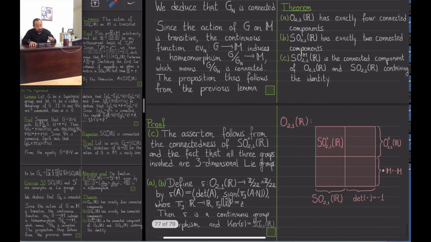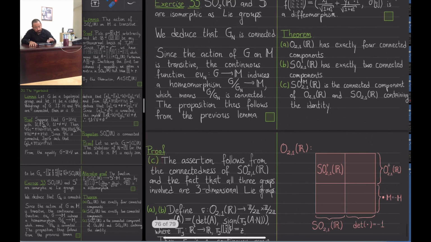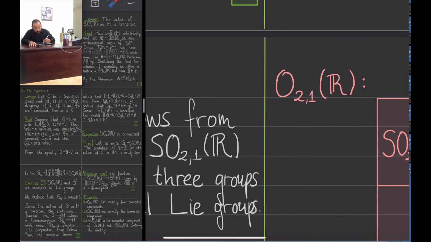Now, this alternative proof is useful because since we have a diffeomorphism between this one and a three-dimensional manifold, we see that the restricted Lorentz group is three-dimensional.